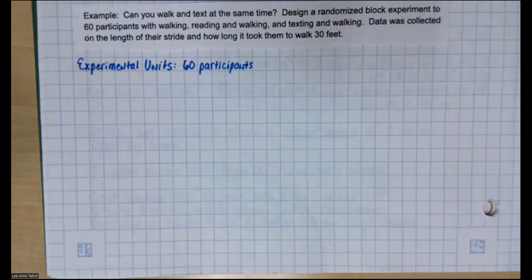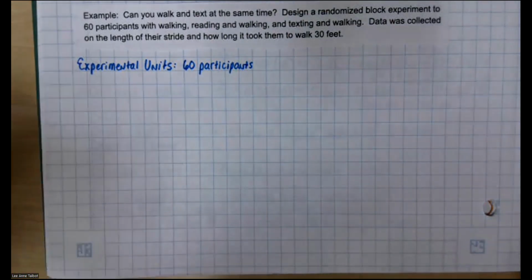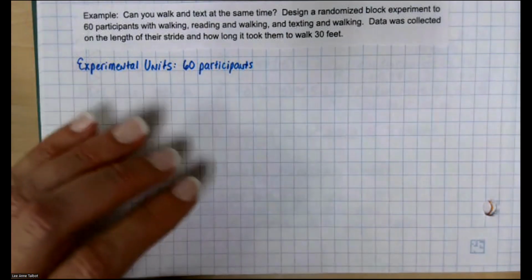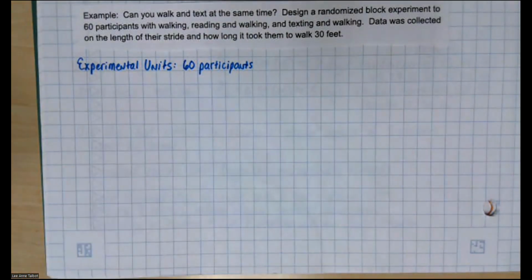It's really important for me to note here, maybe more important than anything else I say all year, if you design an experiment, you cannot randomly select people to be in your experiment. That is unethical. I can't force you to undergo treatment in my experiment. There is no such thing as random selection for an experiment.